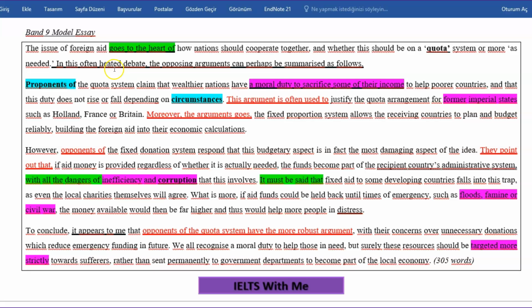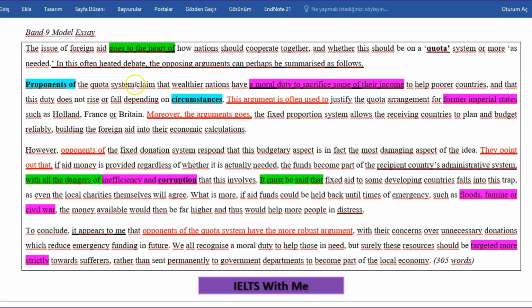In this often heated debate, the opposing arguments can perhaps be summarized as follows. Now I'm going to show you what the examiner will read in the next paragraph.